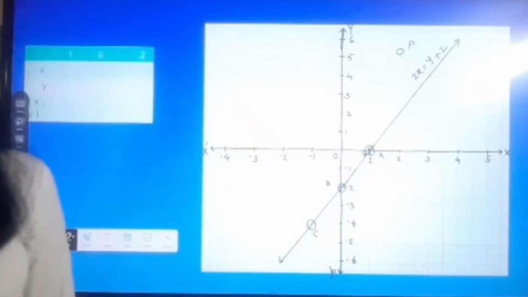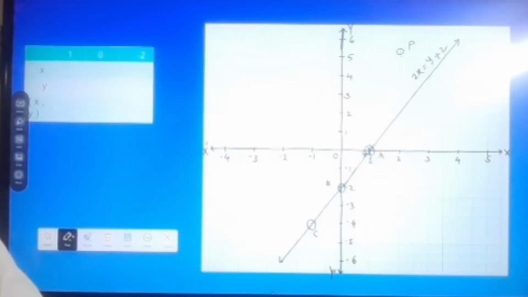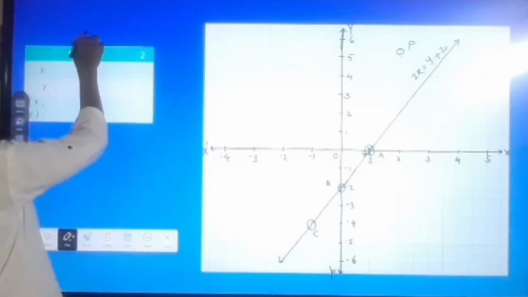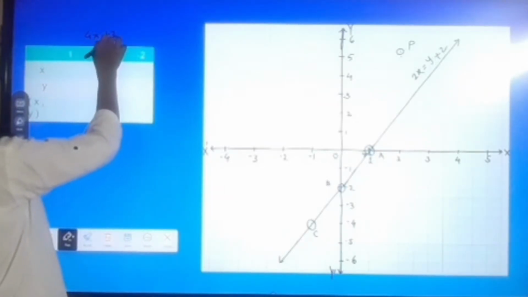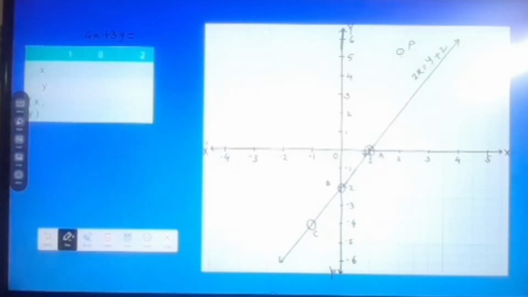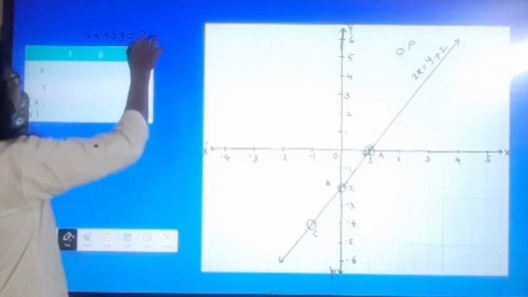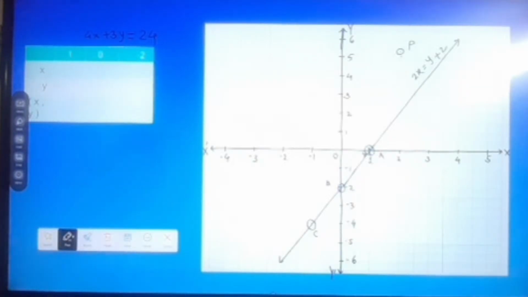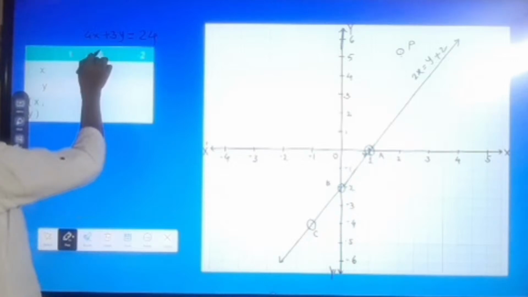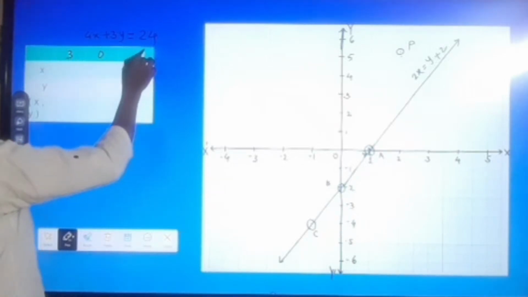Okay, so here students, I again get the values for the equation 4x plus 3y is equal to 24. This time I take the greater values, here 0, 3 and here 6.